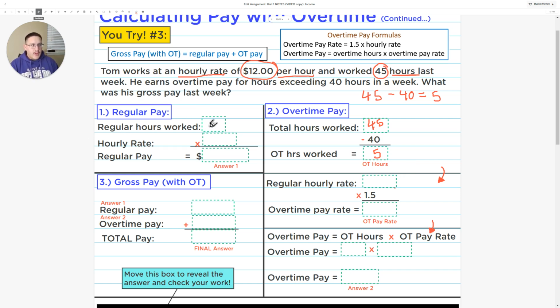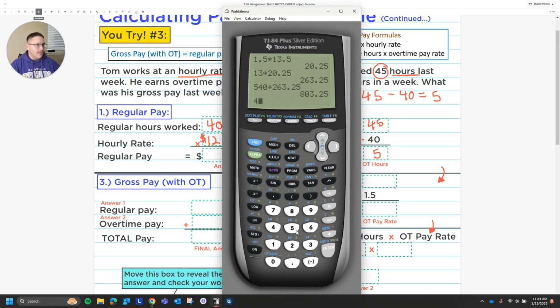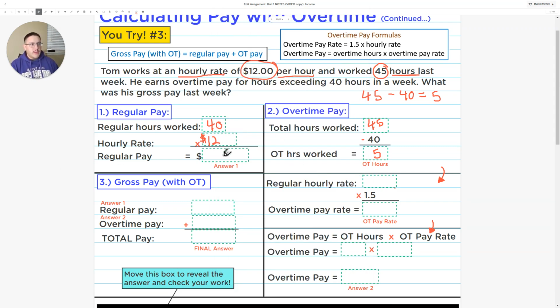We know the regular hours worked is going to be 40. We know the hourly rate is $12 per hour. Multiply those two: 40 times 12 is 480. So regular pay is $480.